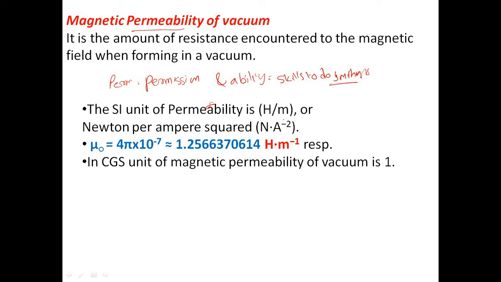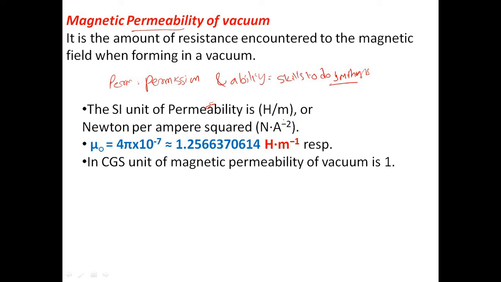In this video we are going to consider the magnetic permeability of the vacuum, which is a standard. The magnetic permeability of vacuum is the amount of resistance encountered by the magnetic field when it is forming in the vacuum.